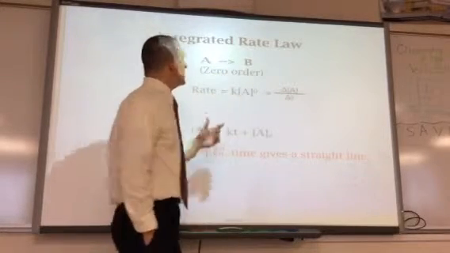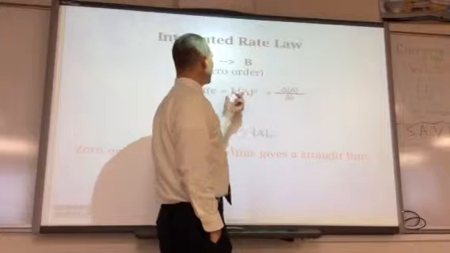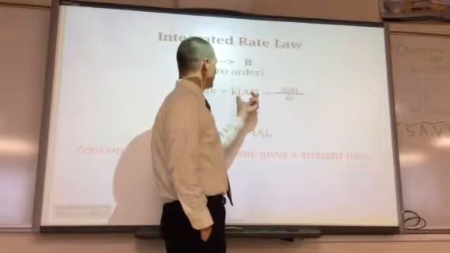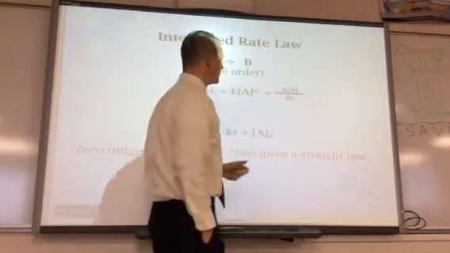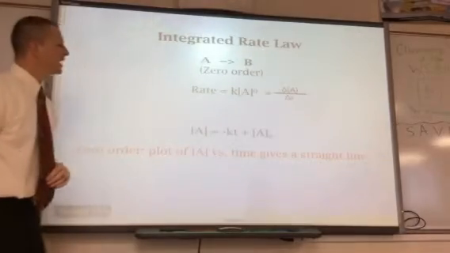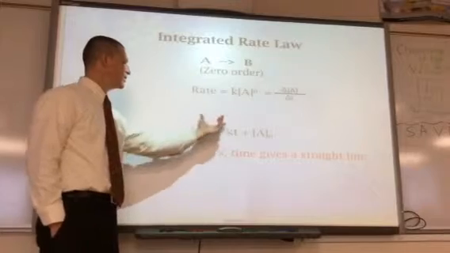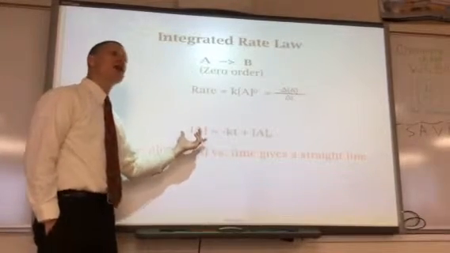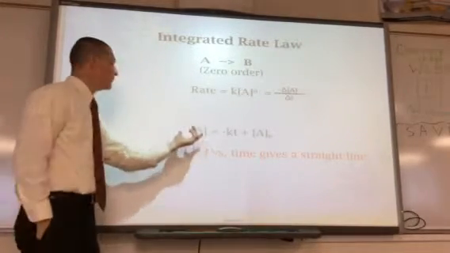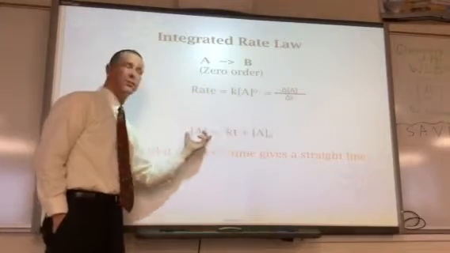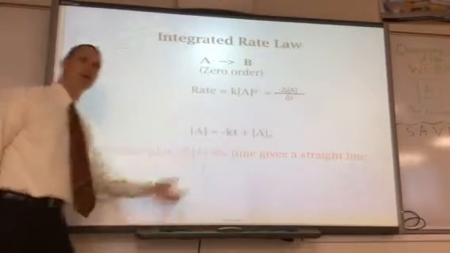So k times A to the 0 power equals the rate. Integrating both sides is going to give us this. So if we have a zero order reaction and you plot the concentration of A versus time, that would give you a straight line.